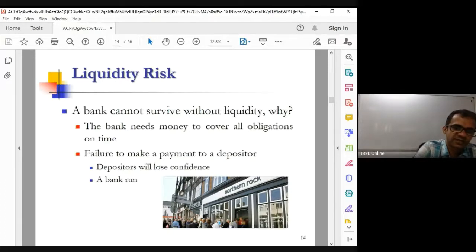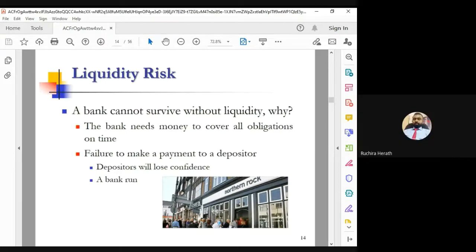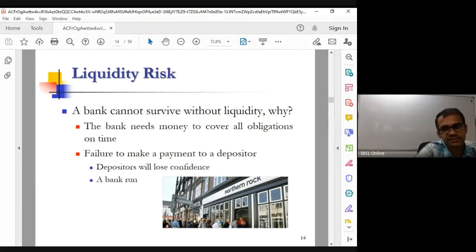But there are some other assets which are not liquid at all. Can you sell your loan portfolio? It's very difficult. Almost not possible unless there's a demand for a securitization process. Otherwise, it is very difficult.